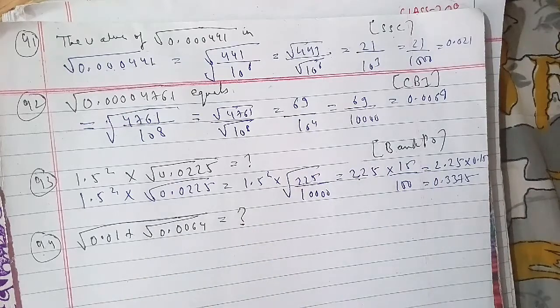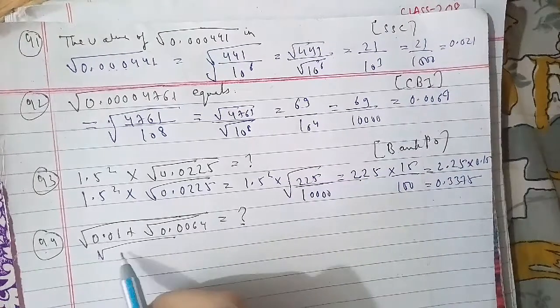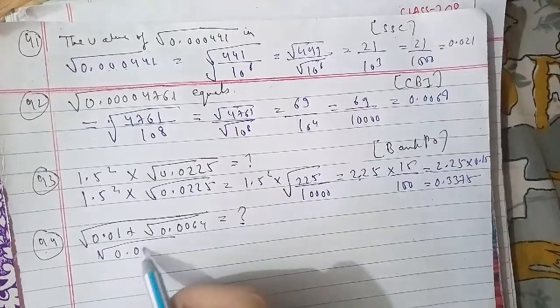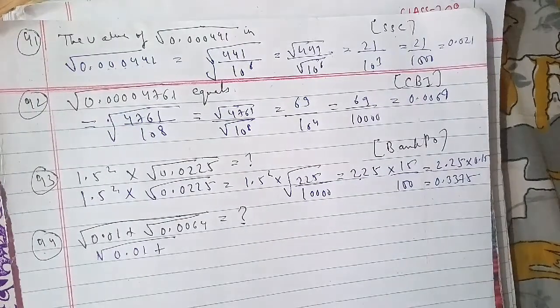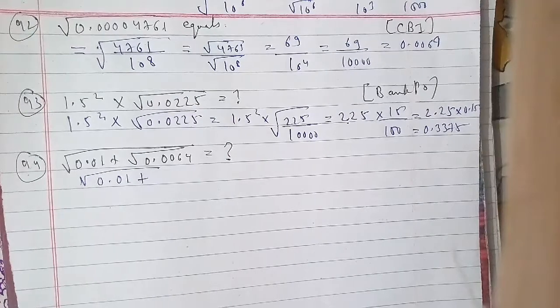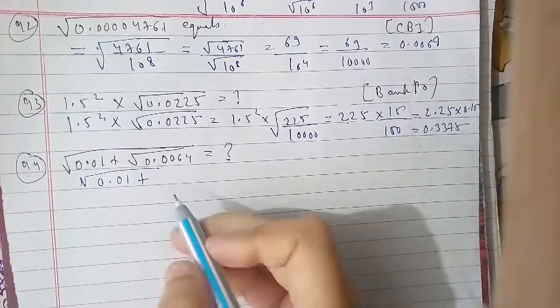Then again we have 0.01 plus 0.08 equals 0.09. We'll get 0.3. That will be the right answer for this question as well.